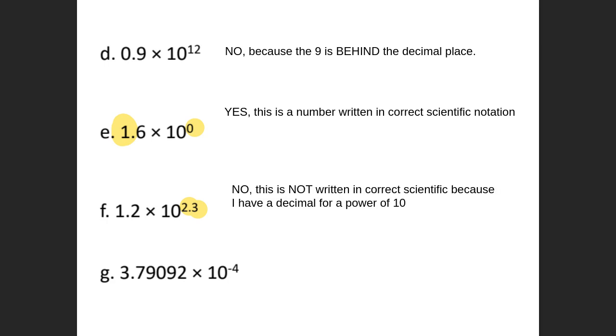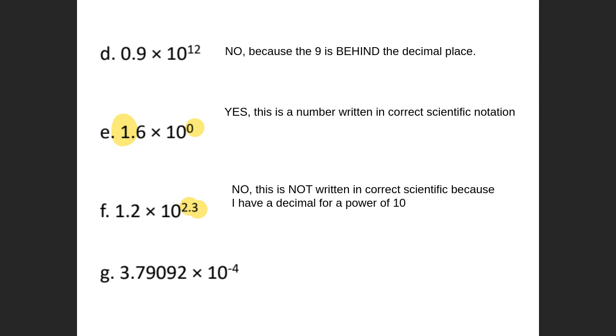Go to the power first. If it's not a whole number, then you're in trouble. Right away, you know that that's not scientific notation. If it's a whole number, then you look at the number.